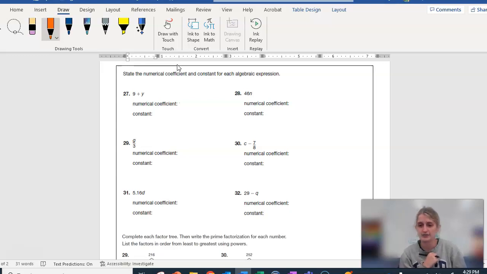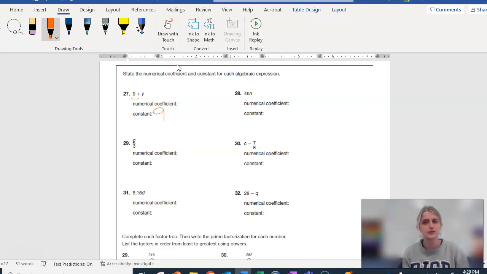They do not have a variable attached to them, and they are separated by a plus or a minus sign. So in this example here, 9 is separated from y by a plus or minus sign. So 9 is our constant. Poor 9 does not have a variable best friend.